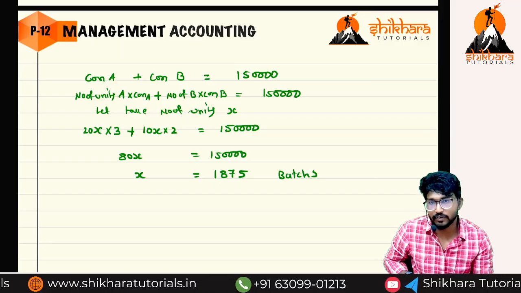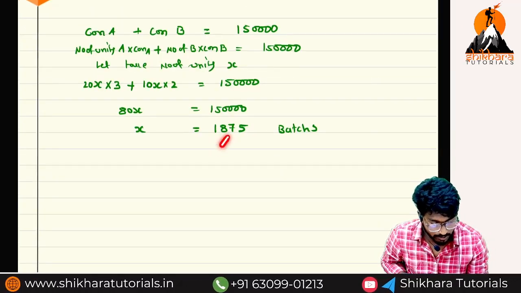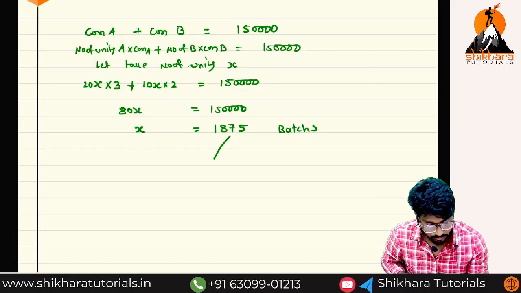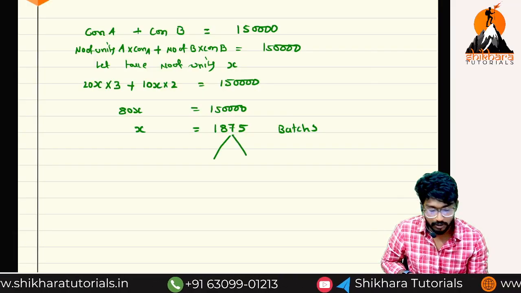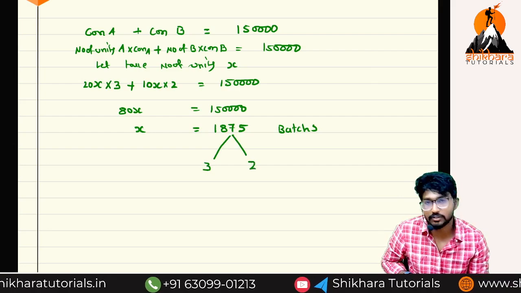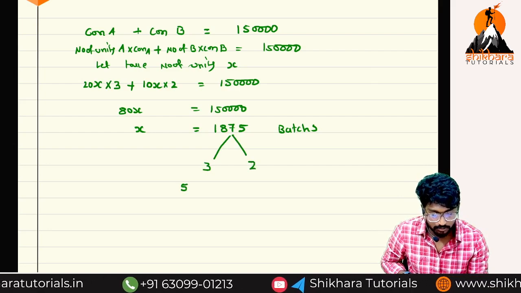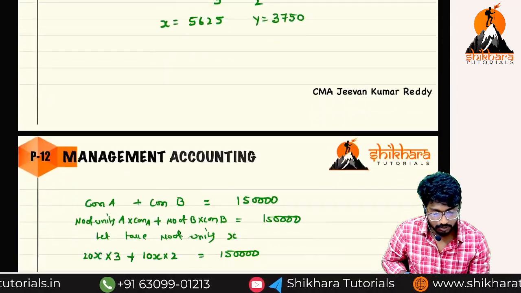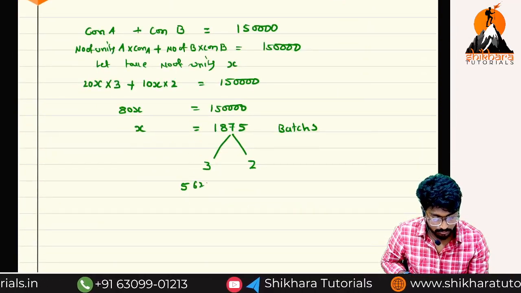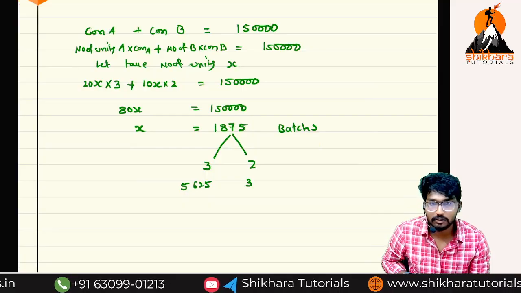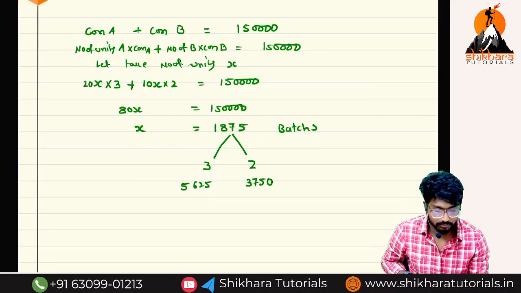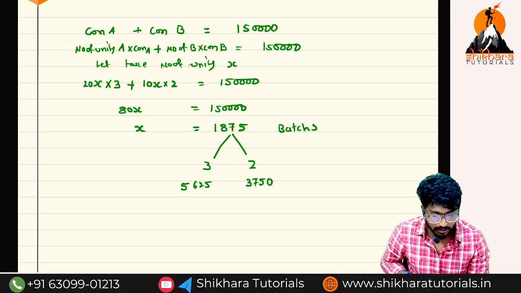Now see, 1875 into 3 into 2, how much? 5,625 and 3,750. That's it. Now into what is the contribution?